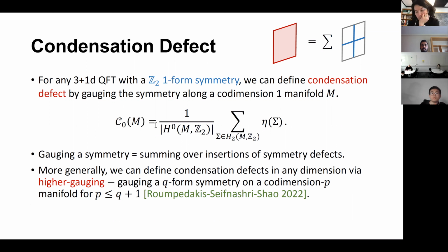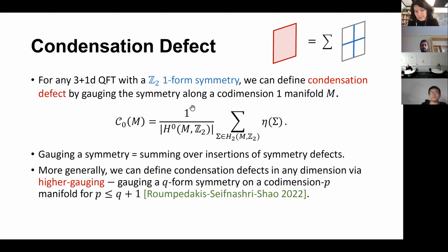That means we want to sum over all possible insertions of symmetry defects that wrap around various 2-cycles on this 3-manifold M. So this is what I've written here: a sum over all possible symmetry defects on the 3-manifold M. But then there's an important coefficient we need to include, which takes care of the gauge parameter degrees of freedom.